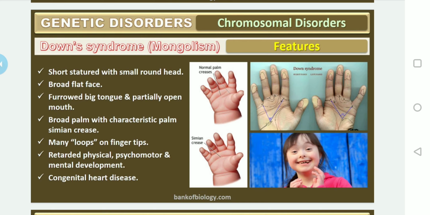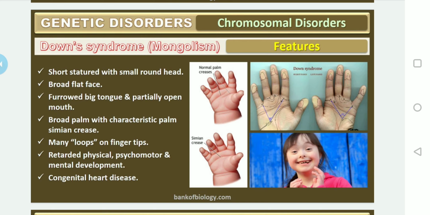Then a low IQ, intelligence quotient, and mental retardation. Sometimes they will ask a 2-mark question: write the symptoms of Down syndrome. Then you should write all these symptoms.